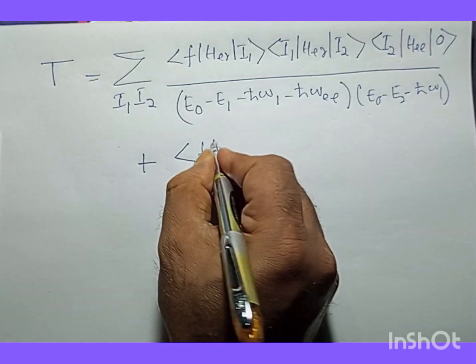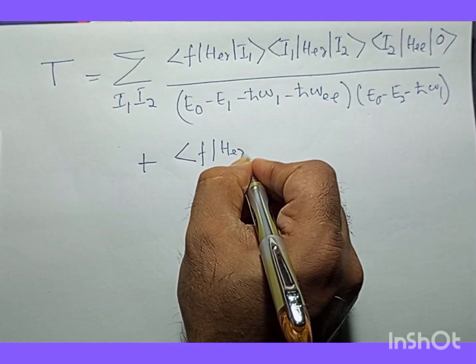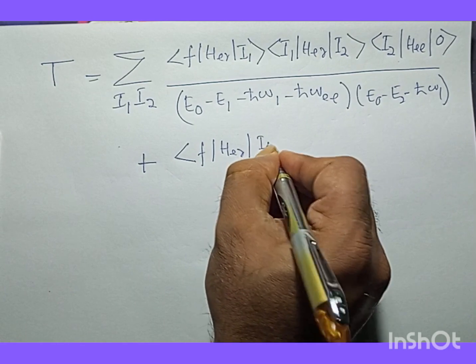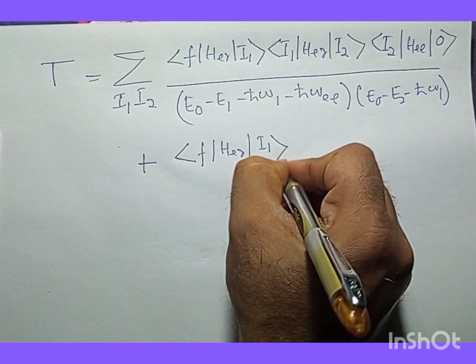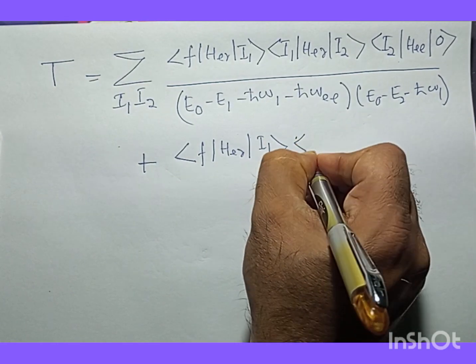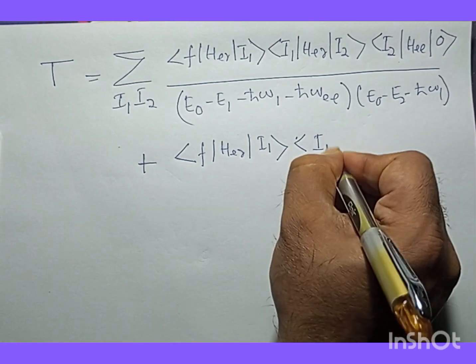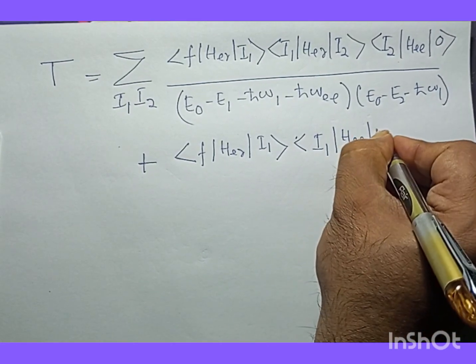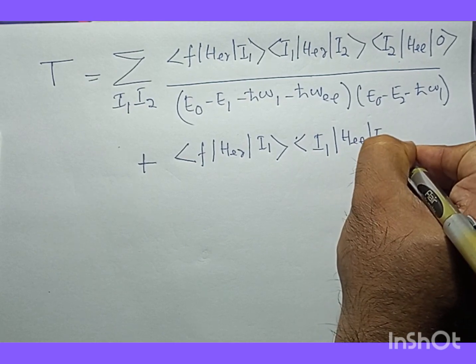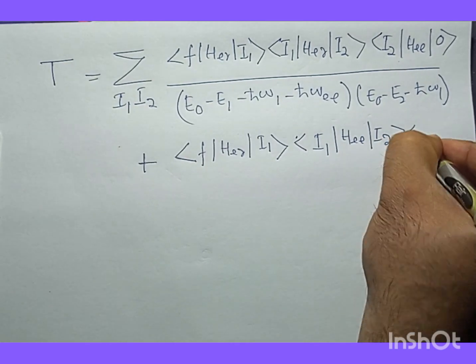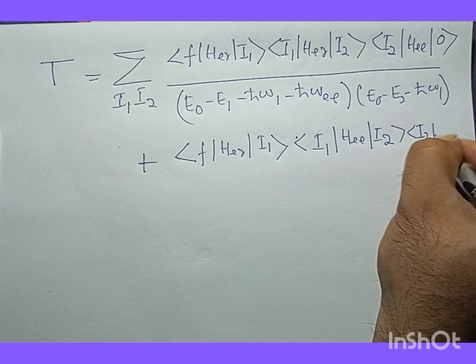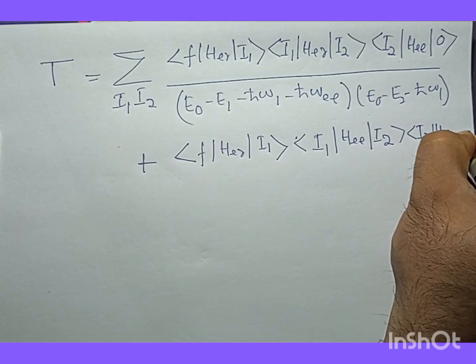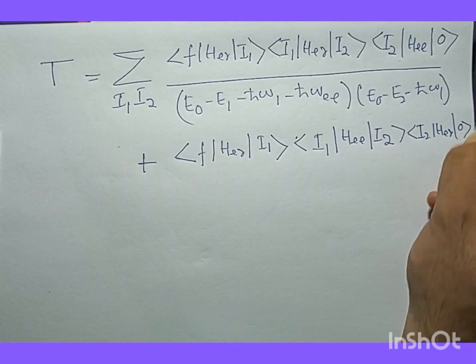we have F, then H_ER, then I1, and then another matrix element I1, H_EE, and then I2. Then we have I2, H_ER and 0.